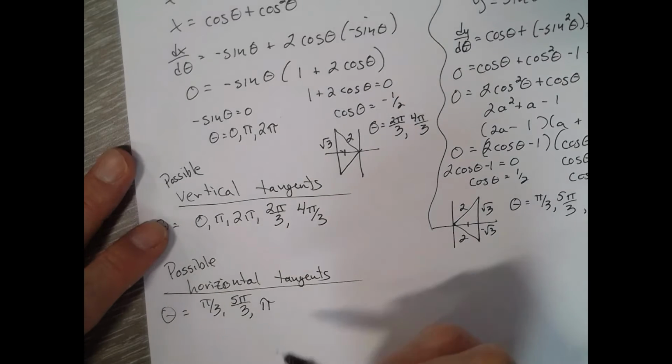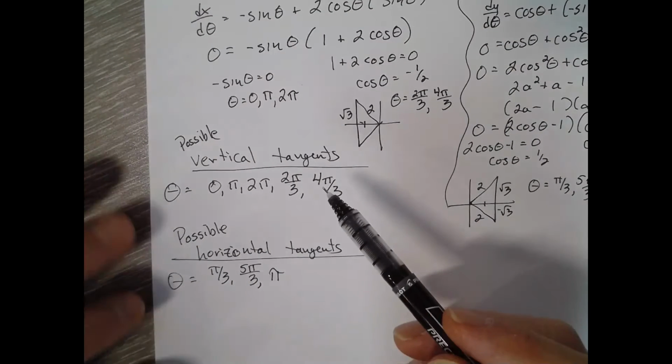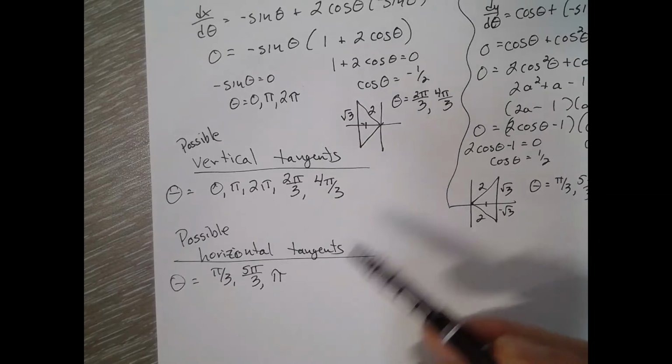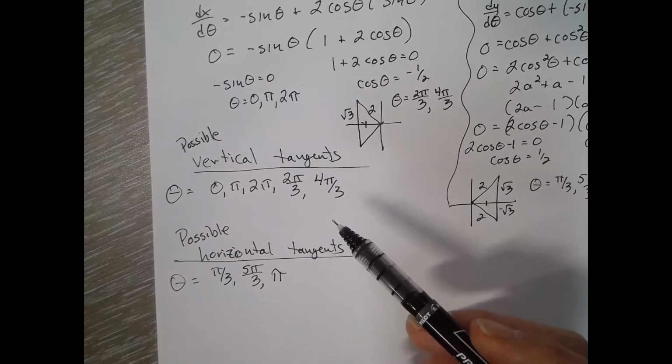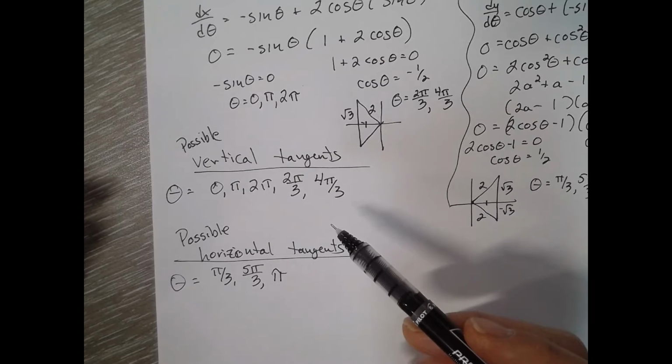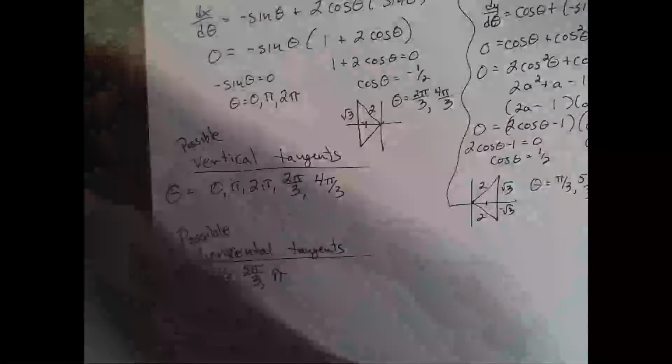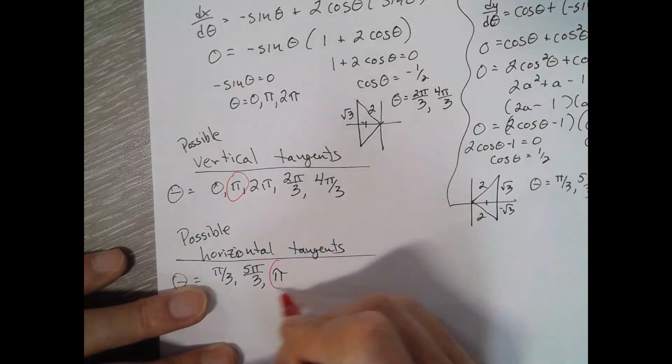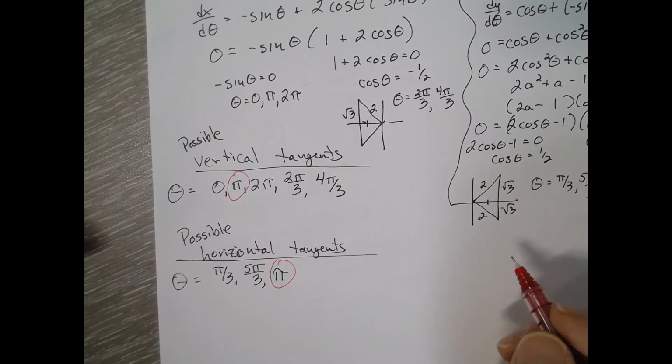And if there is no overlap here, we'd have our angles, but it looks like pi occurs in both of them. So we don't know if it's a vertical tangent there or a horizontal tangent.